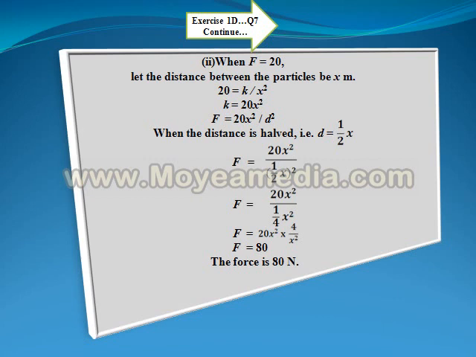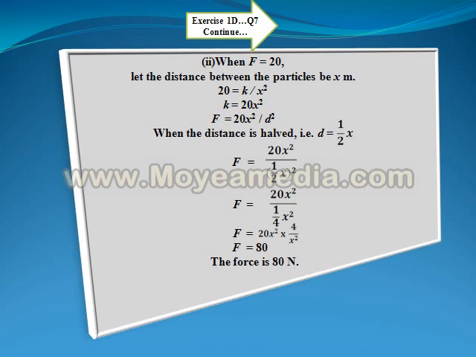So let's replace that d with 1 by 2x in that relationship, above relationship. So 20x squared divided by, in place of d I replace 1 by 2x. Remember d square, so square is there. So taking the square of 1 by 2x, 1 square is 1, 2 square is 4, x power 2 becomes x square.